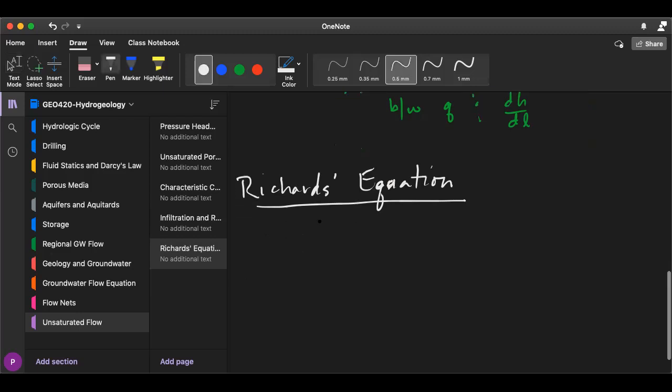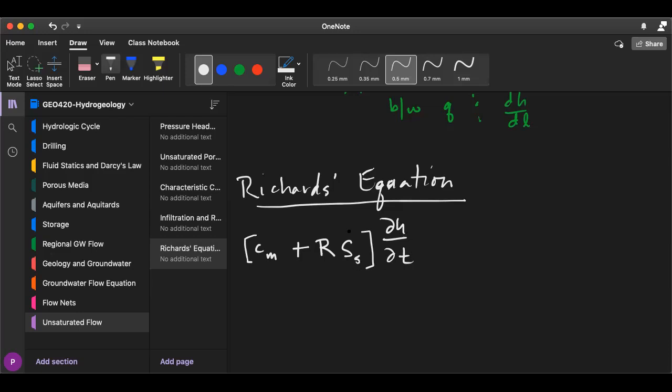So here's what the unsaturated zone differential equation looks like. C sub m plus R times S sub S, and we'll define all of this stuff here, times dH dt.